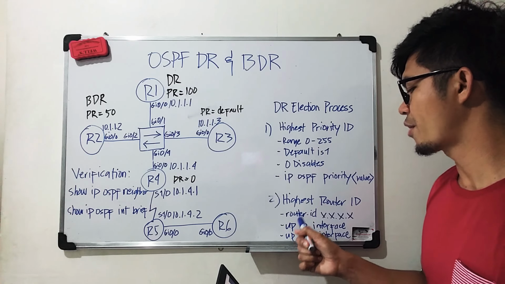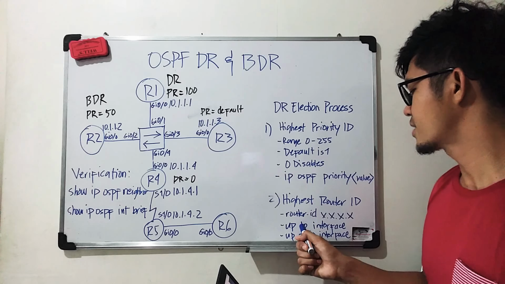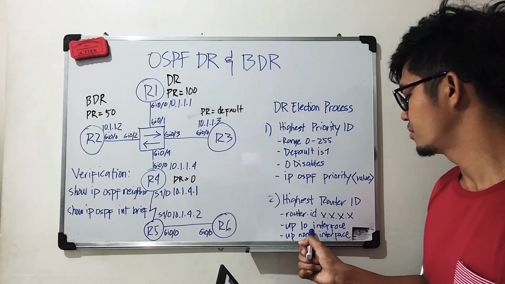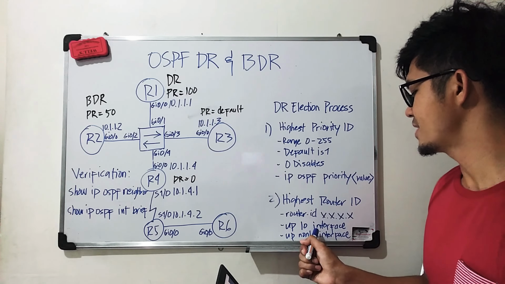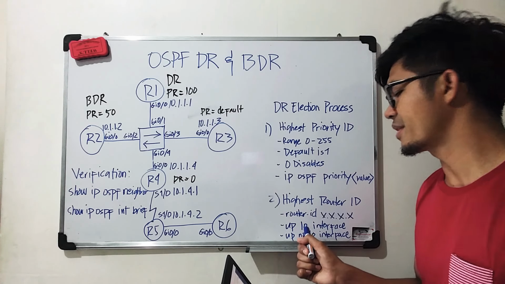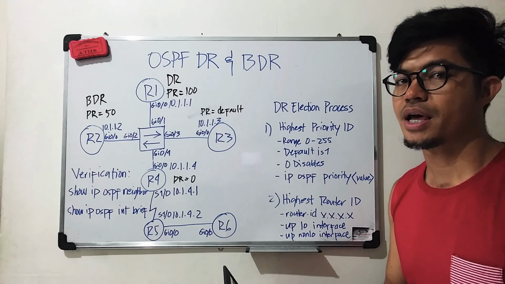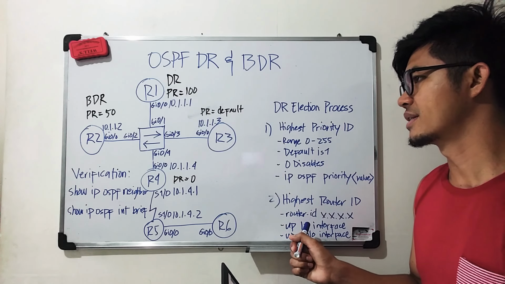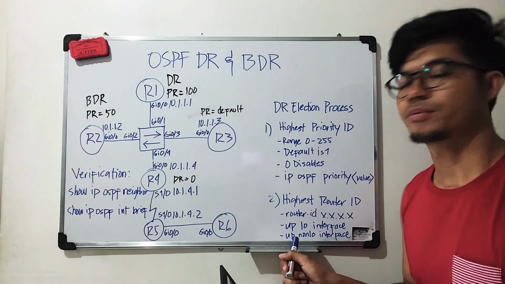And if there's no router ID configured, then the next router ID will be the highest up loopback interface. Please take note that even if the loopback interface is not enabled for OSPF, it will be the router ID of that router used for OSPF.